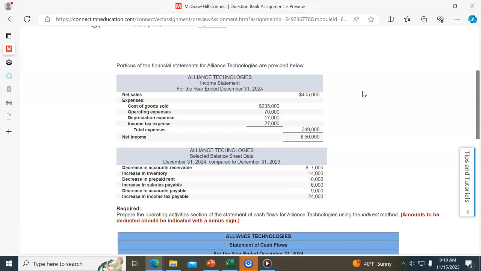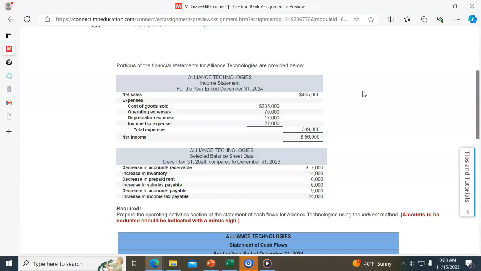Then, what will we make an adjustment with? Which one of those expenses will we adjust right away? Depreciation we add back. Then, when we have a decrease in a current asset, what do we do with it?